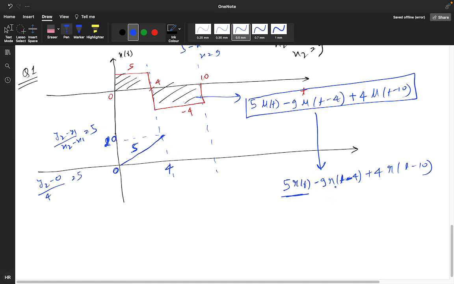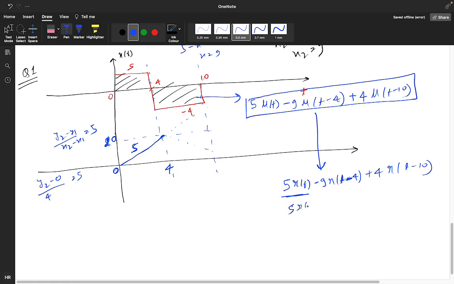Okay, now I have minus 9 r of t minus 4. So a negative slope will come this side. But how will the negative slope come? First, it will cancel its initial slope. So for cancelling its initial slope, it should have a negative slope.